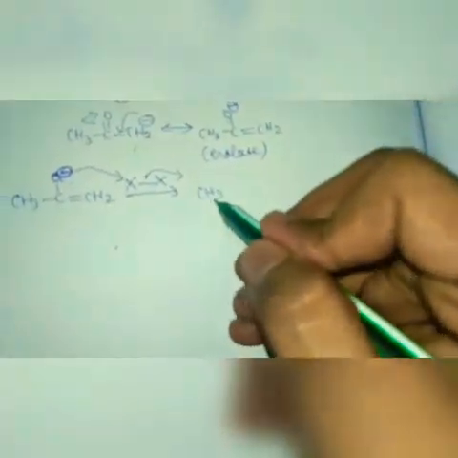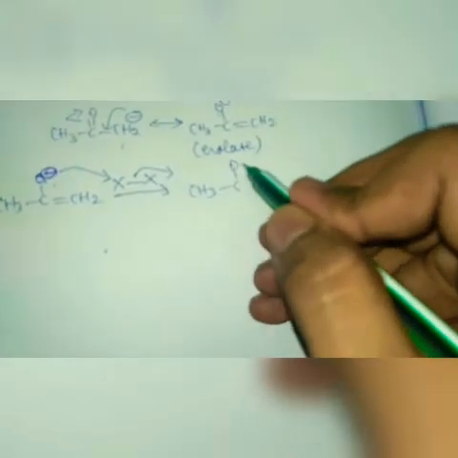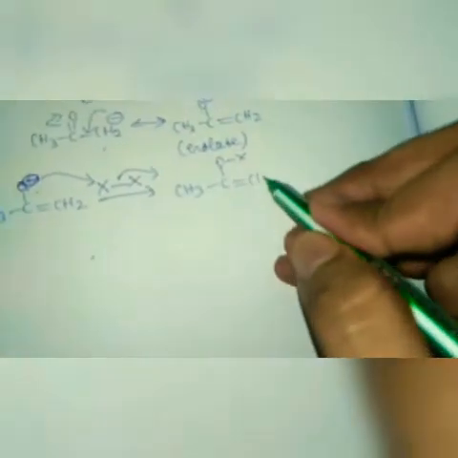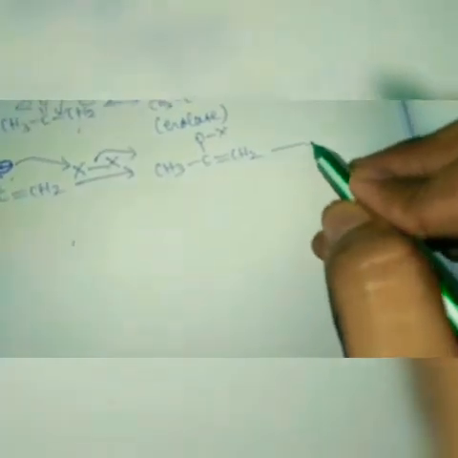So CH3 COX double bond CH2, and now the tautomerization takes place. You know how to write the tautomer, the keto form of this, CH3 C double bond O CH2X. So just fix this, or it can take place over here also.